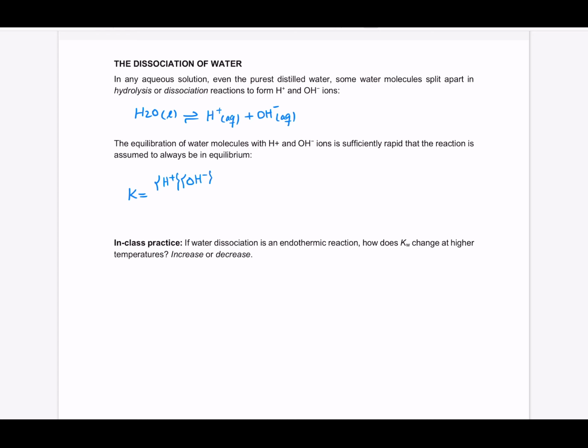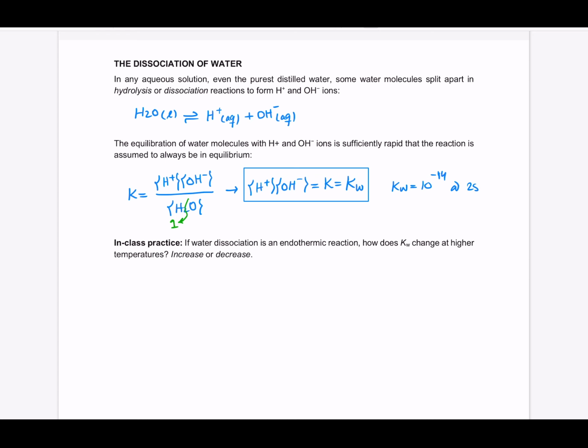So this can be simplified to H plus times OH minus, and we call this K, Kw. And this Kw would be 10 to the minus 14 at 25 degrees.